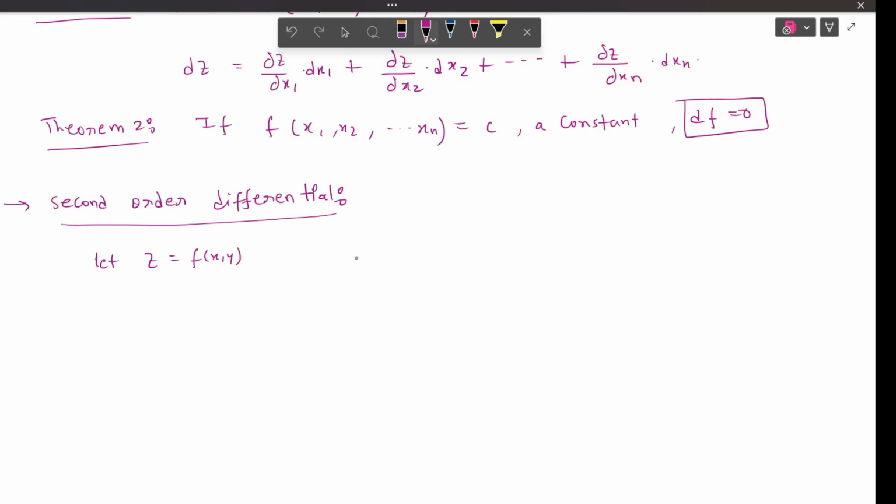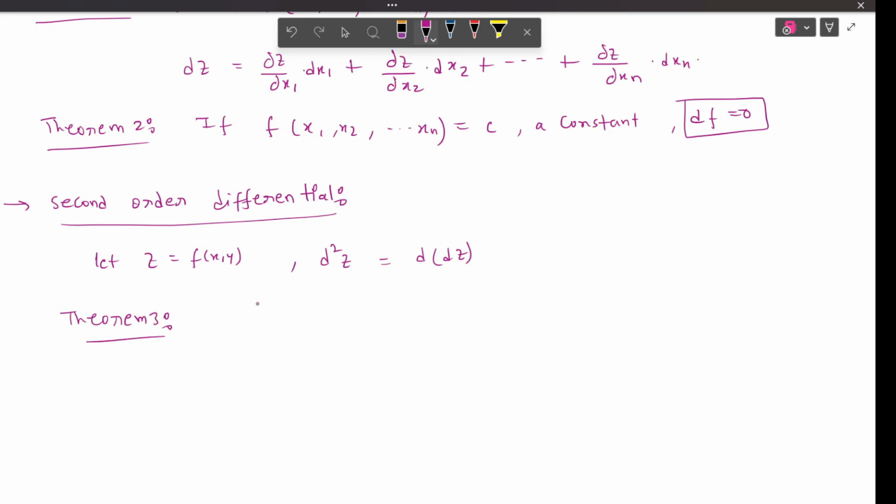The second order differential of z = f(x, y) is defined by d square z, where d square z is actually d of dz. This is your second order differential. Now let us see theorem 3.